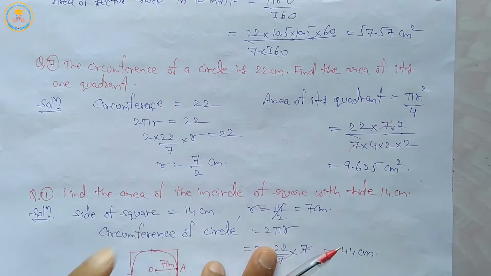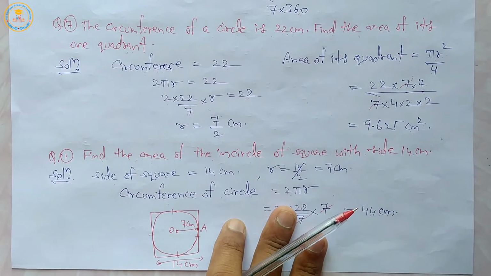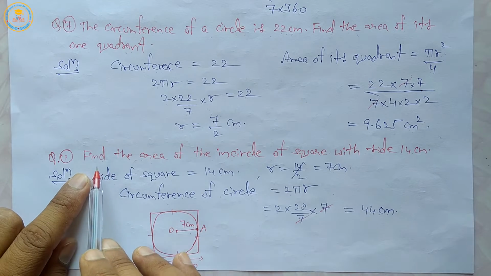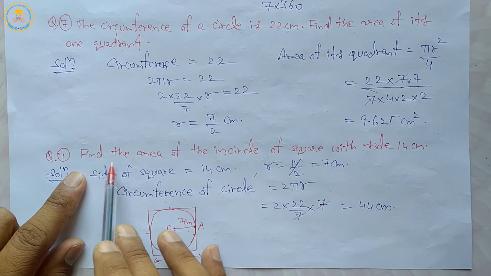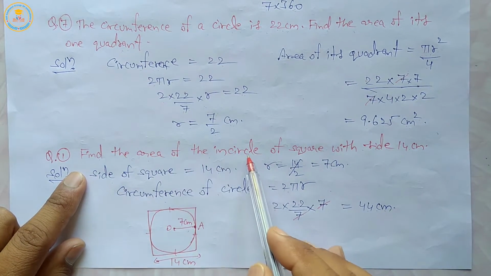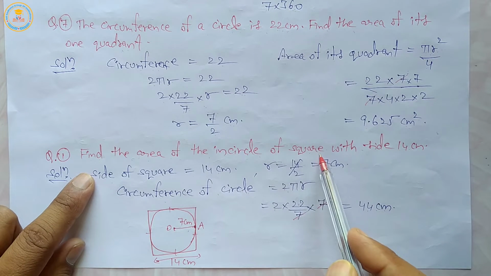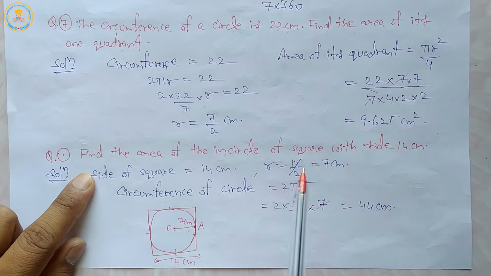Okay. Next question. Exercise 15.3, question first. Find the area of the incircle of a square. According to this given condition, first we draw the diagram.